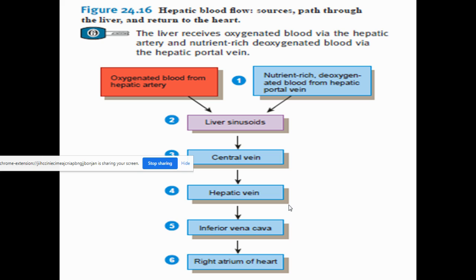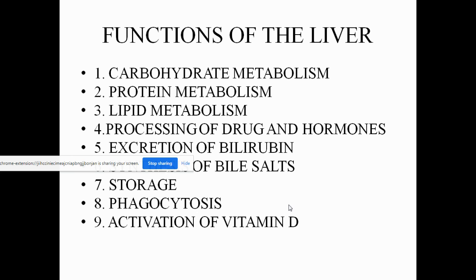For example, if there is cancer in the stomach or cancer in the colon or intestine, those cells can metastasize and enter the liver through the hepatic portal vein, and a secondary cancer can happen in the liver. Okay, so this is the function of the liver.